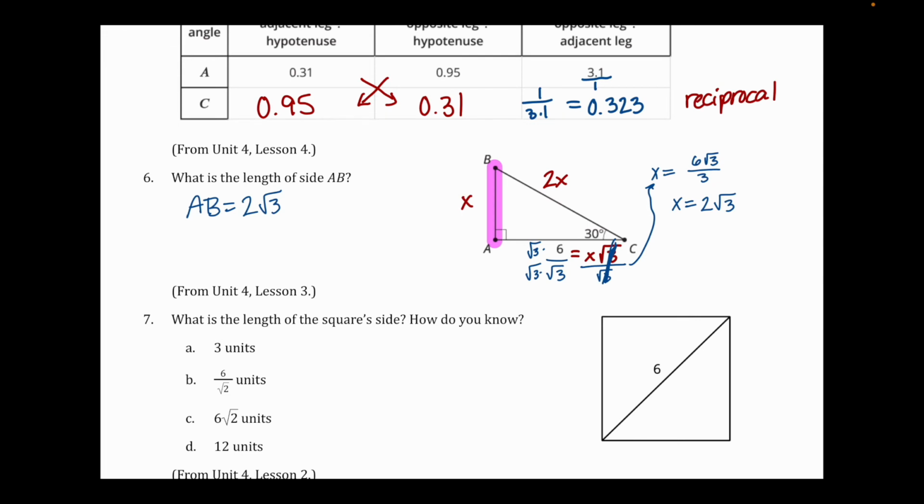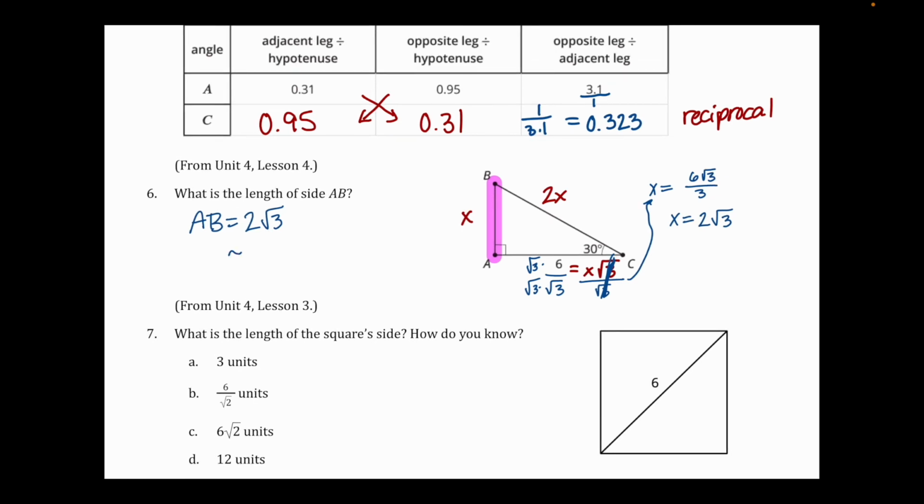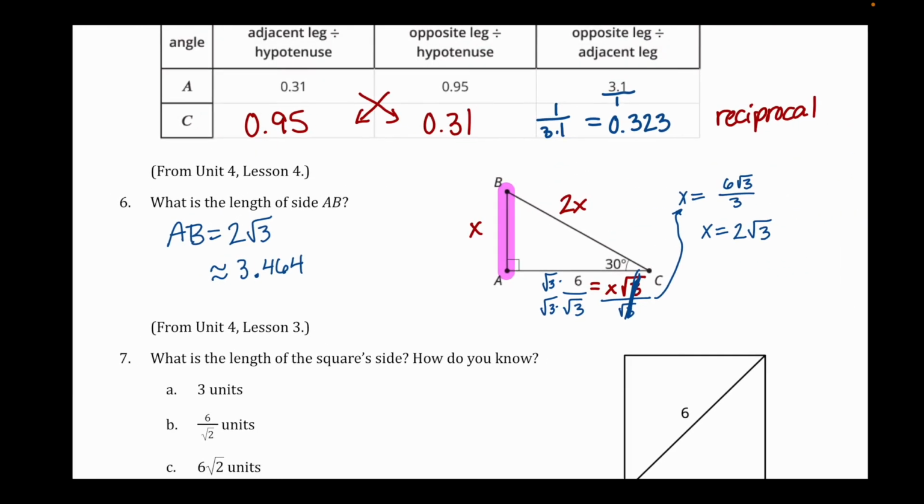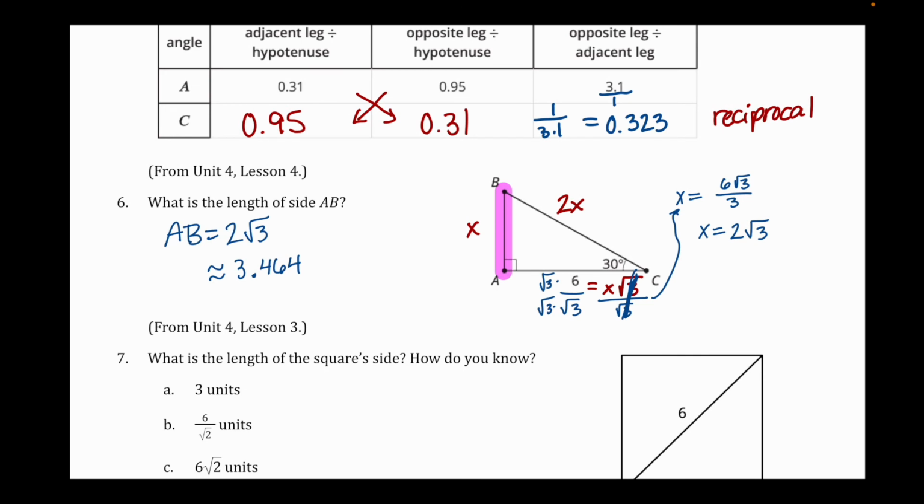I'm going to say it's approximately 3.464. Now, the number after that is a 1, so we're pretty safe to leave it at that. And if you need 2 decimals after, you can see that I have the third one there, so you can always reduce.